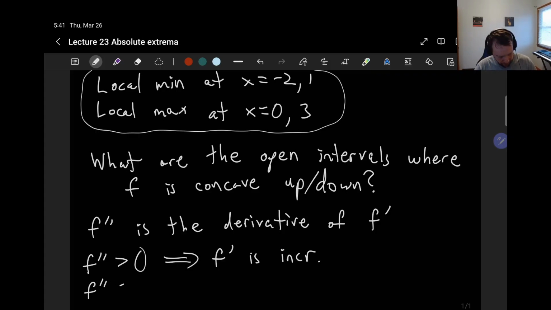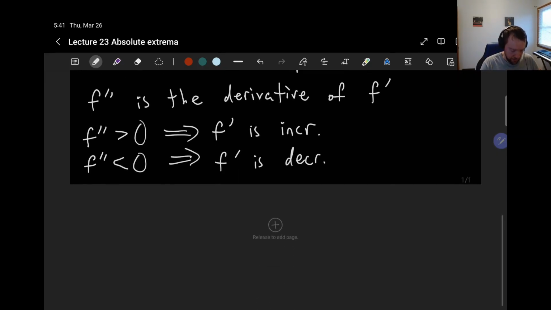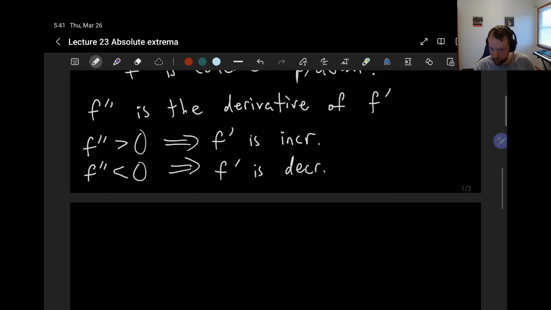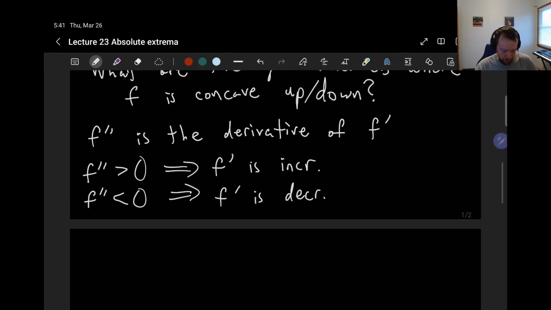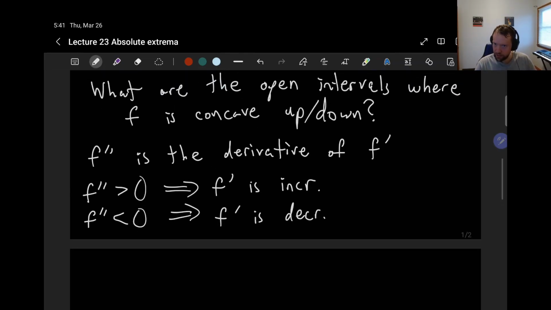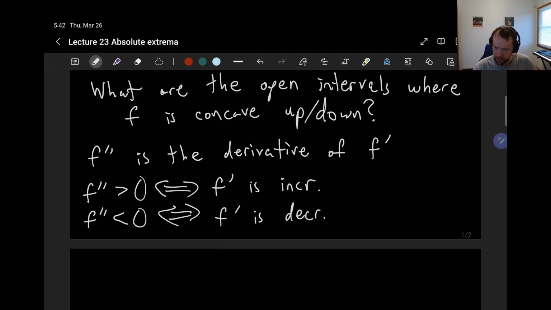And likewise, if f double prime is negative, which means we're concave down, that means f prime is decreasing. So that's how the second derivative relates to the first derivative. And so this is what we use to solve the problem. My function f is concave up when f prime is increasing. And it's concave down when f prime is decreasing. This goes both ways here. It's equivalent.